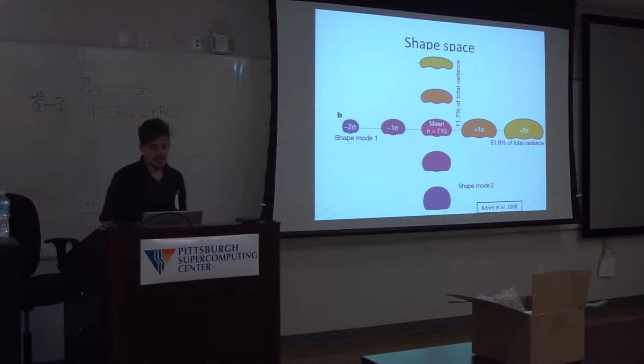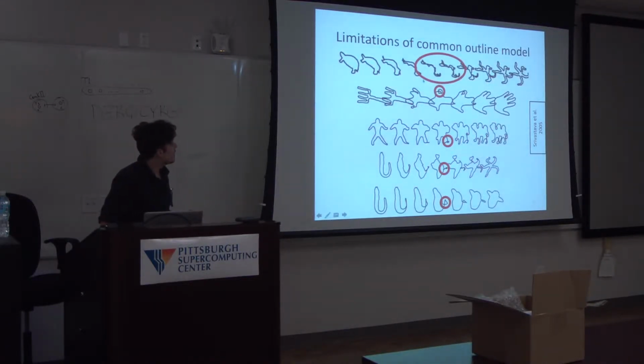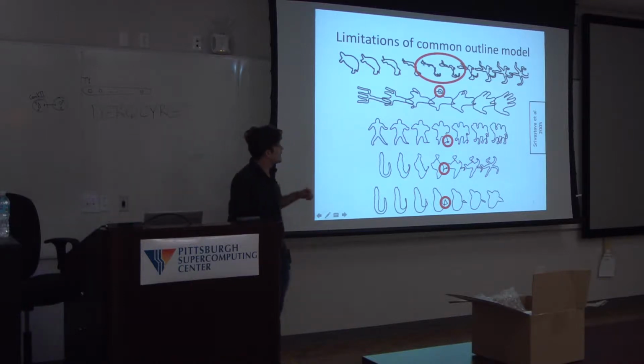A problem with these polygon models is that it is possible to pick points in the space that result in degenerate shapes, so shapes where the polygon line crosses over itself.